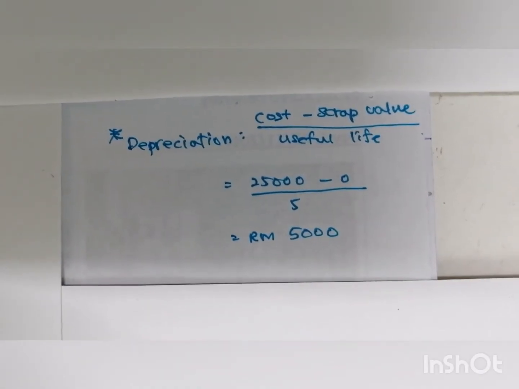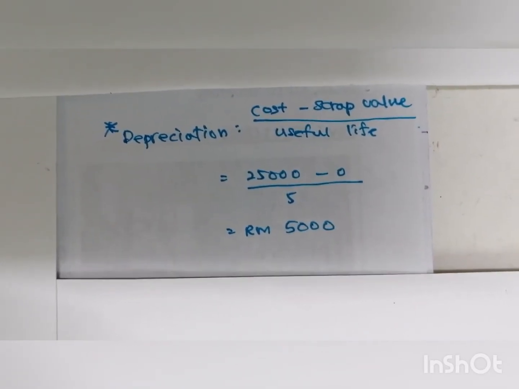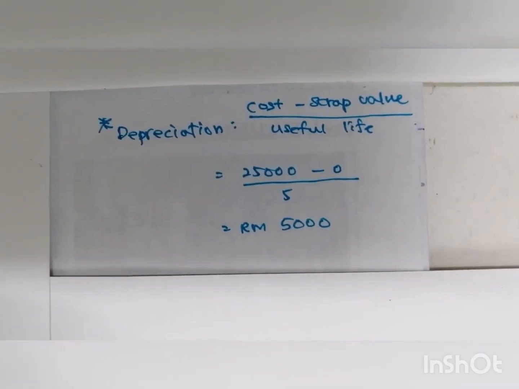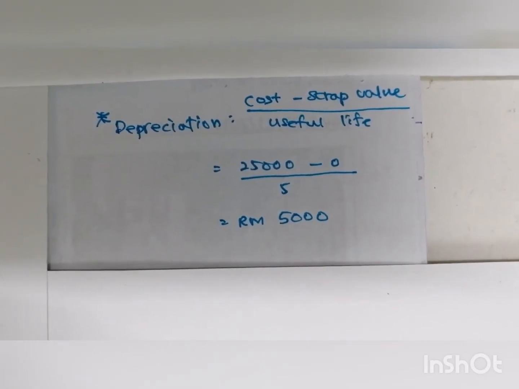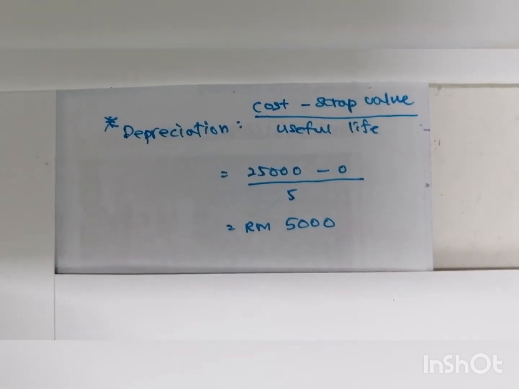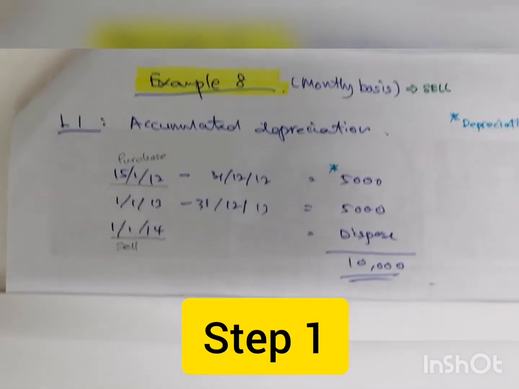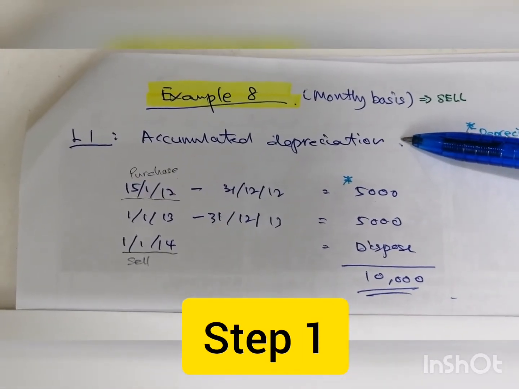As you see here, we know that the depreciations for the machine is cost minus scrap value over useful life. So cost is 25,000 and no scrap value, 0, over 5 years. So we got depreciation expense of 5,000 each year. Now we go to step 1 to calculate the accumulated depreciations.